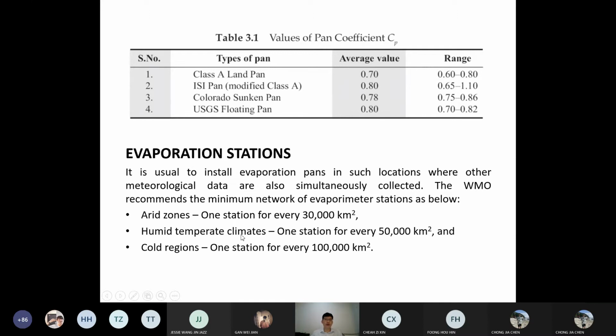For the humid temperate climate, we can have a larger distance because the water won't go that fast, 50 square kilometers. And in the cold area, using the last pan, we can keep one for every 100,000 square kilometers.